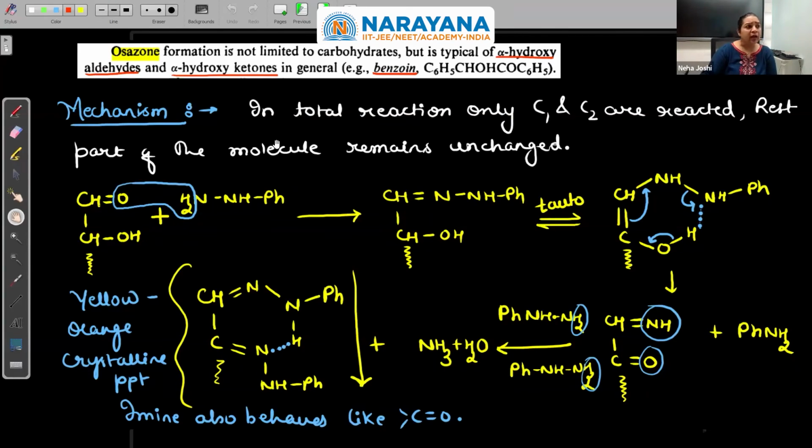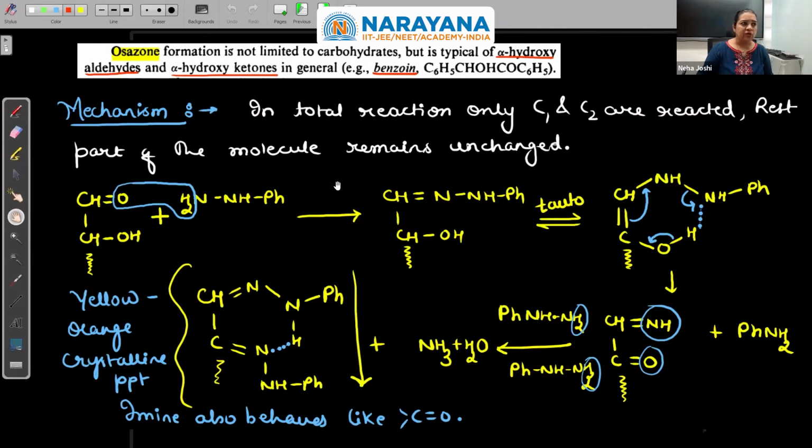What happens is that these two centers, the alpha OH and the C=O, are ultimately both converted to phenylhydrazone, because we are using phenylhydrazine. Rest, everything will remain unchanged.